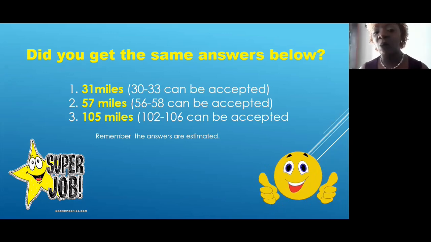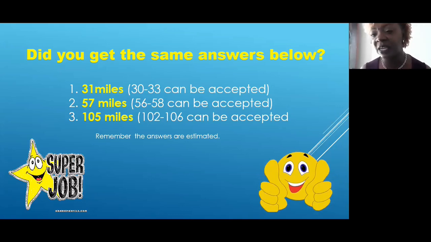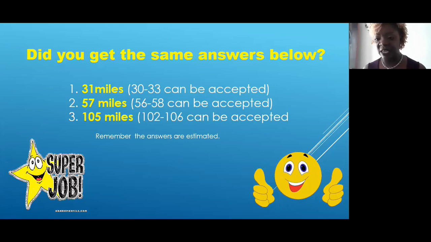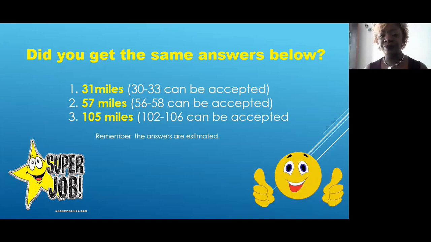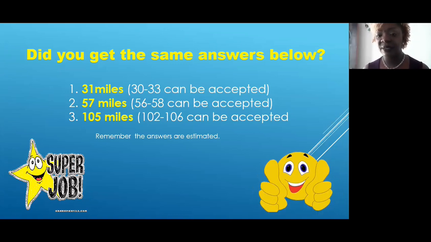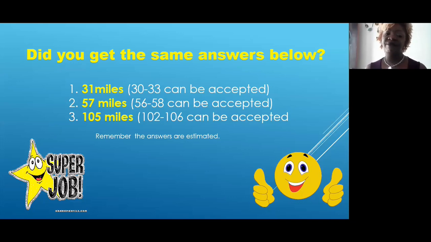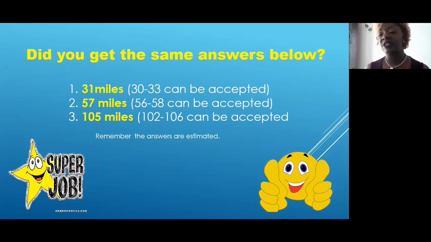The answer for number 1 is 31 miles. Of course, if there's a range of 30 to 33, that means you're definitely on the right track, okay? For question number 2, the answer would be 57 miles. And of course, if you have 56 through 58, that's also accepted.